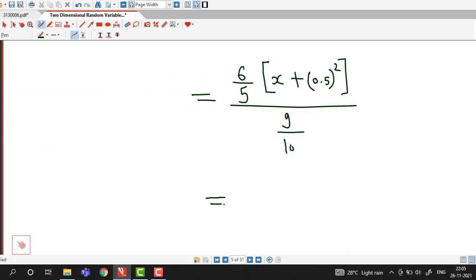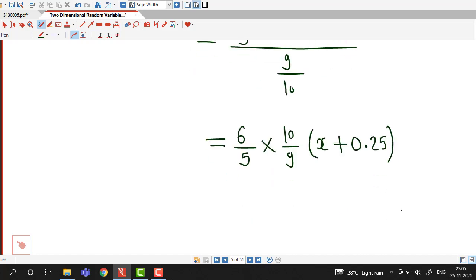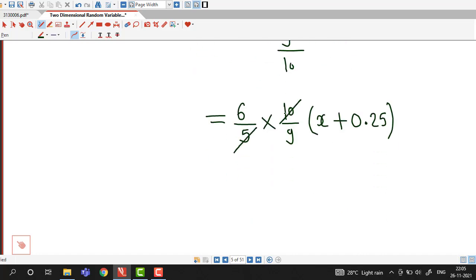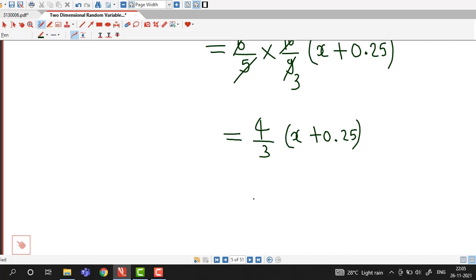So now we have to simplify all these things. I can rewrite this as 6 by 5 times 10 by 9, and this is going to be x plus 0.5 square, that is 0.25. So here we can cancel out 5, here we can cancel out 3. So we have 4 by 3 times x plus 0.25, and I can multiply this bracket by 4.